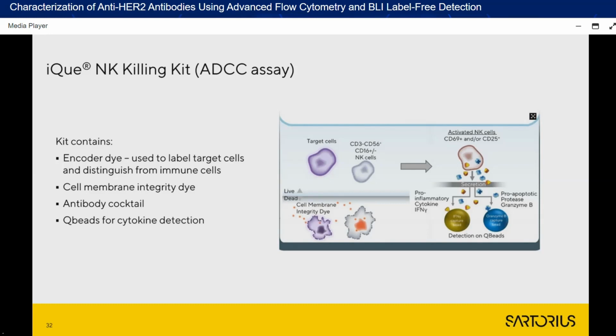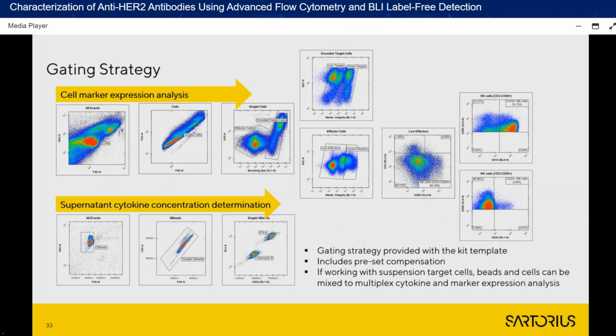The kit also contains Q beads for cytokine detection. So this is a 2-plex screen containing interferon gamma and granzyme B measuring Q beads. So these are obviously strong indicators of NK activation and also NK killing. And this is the gating strategy provided with the NK killing kit.